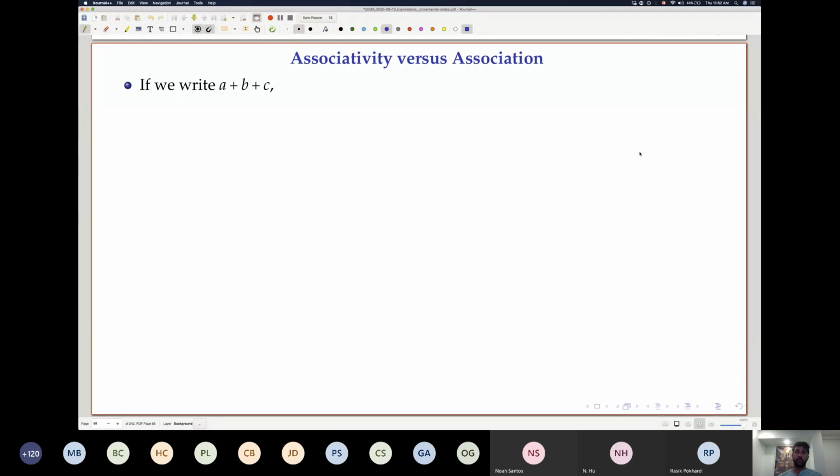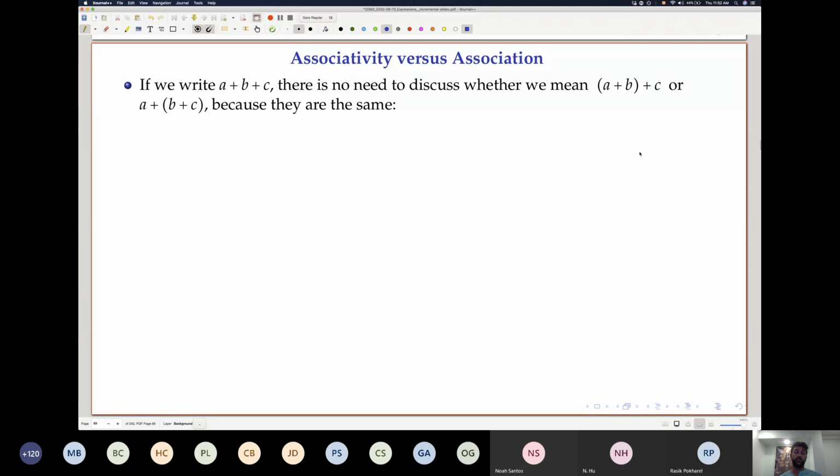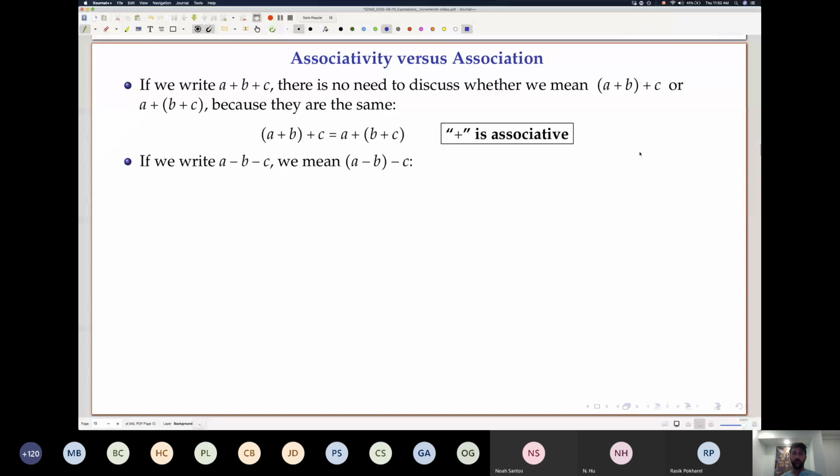As we said earlier, the notion of association means which way we parenthesize a repeated operation, right? So for addition and multiplication, these are the same. Likewise for and, or, and likewise for equivalence. But some operations like subtraction, exponentiation, implication do not associate.